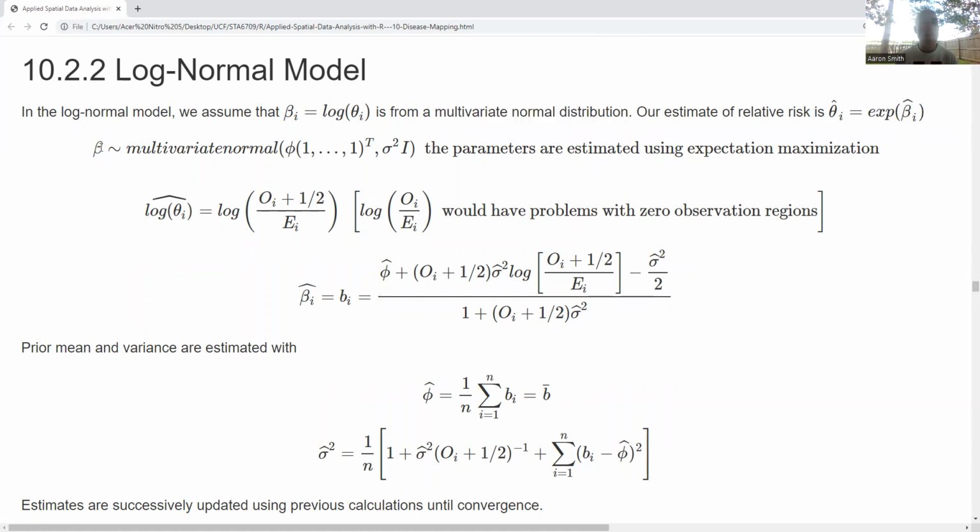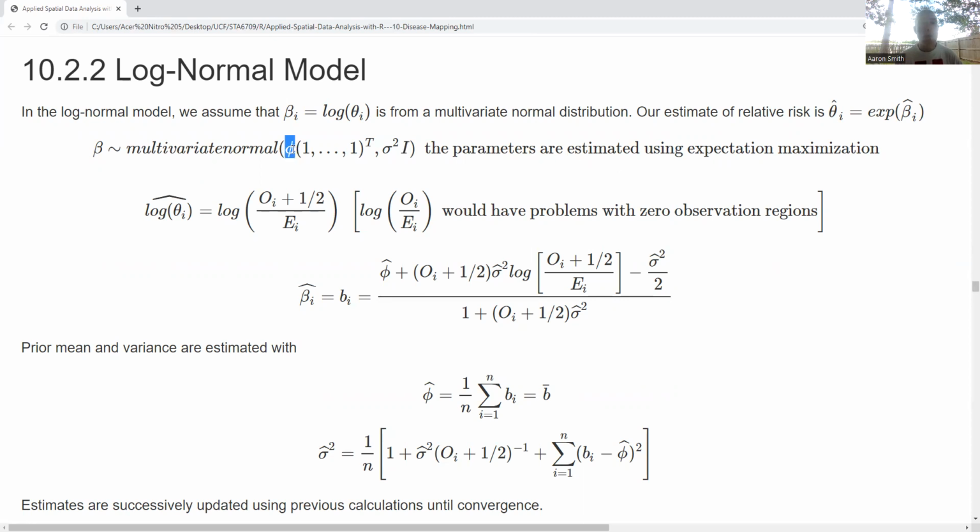So beta as a vector is multivariate normal with constant mean and constant diagonal for a variance matrix. All right, so here you'll notice that I have zero covariance between all values. That's an important assumption.